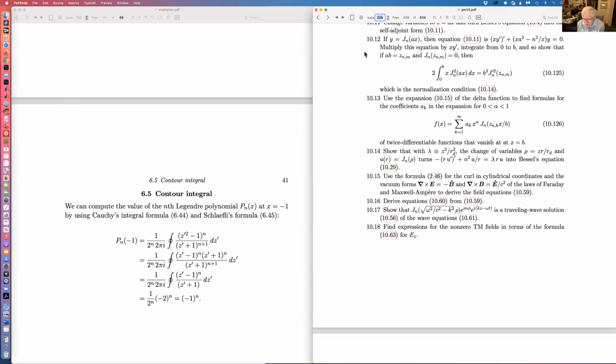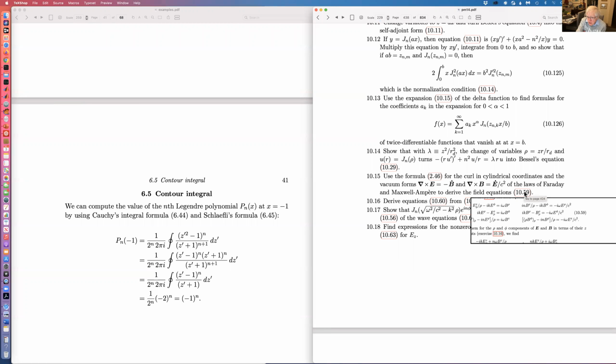hollow cylindrical waveguide, and so we're going to use the vacuum equations, and the vacuum forms of the Faraday and Maxwell Ampere equations to derive these equations.